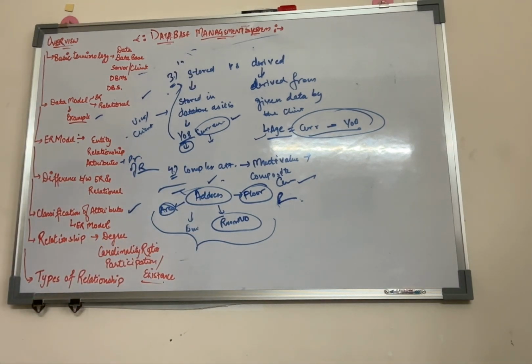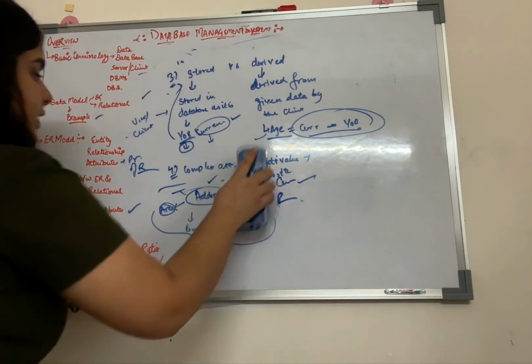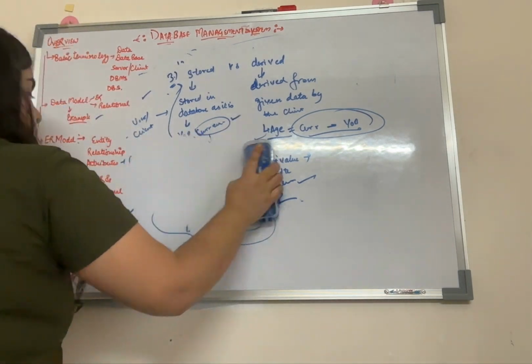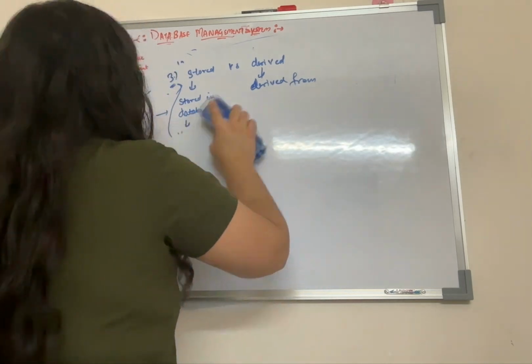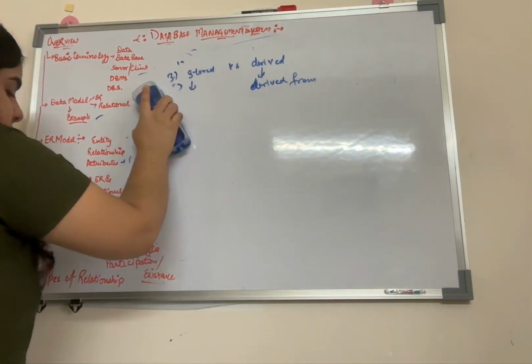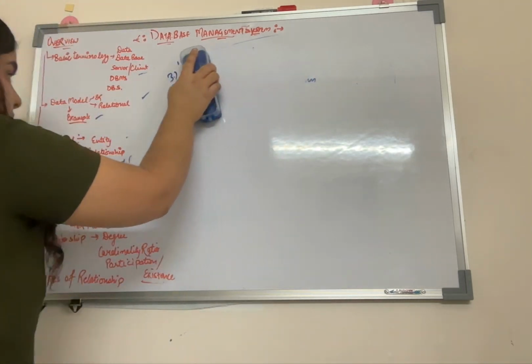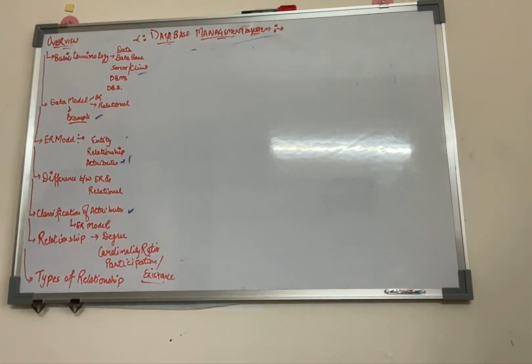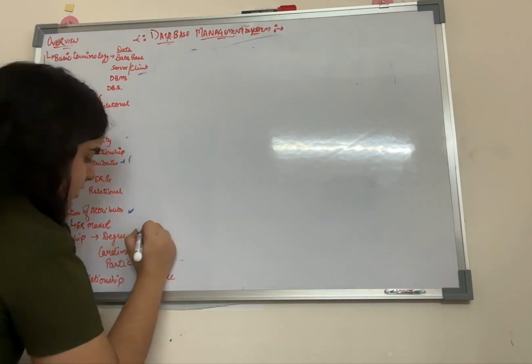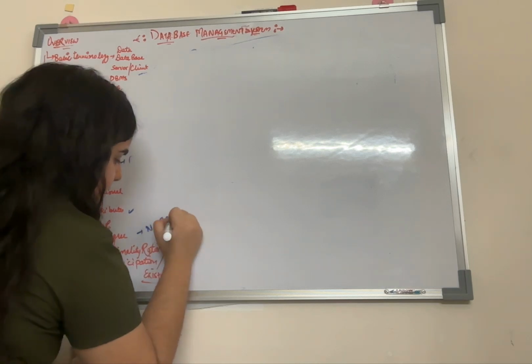Now coming to relationship, we will study relationship in greater detail. So we'll see what degree of relationship means, what cardinality ratio means, and what participation or existence means. As we know, relationship is nothing but association between the entities. Now degree means the number of entities participating.